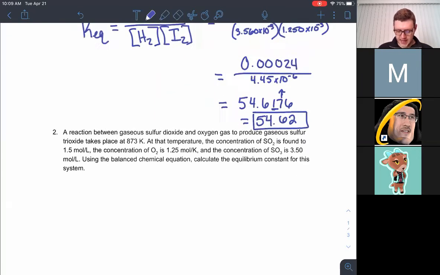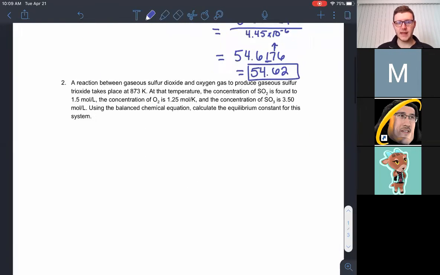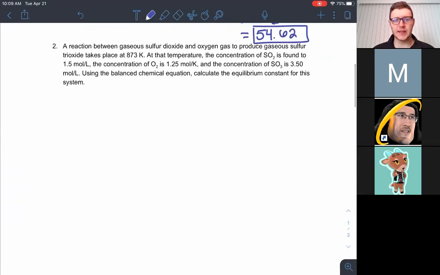Now, if we take a look at our second problem, it says a reaction between gaseous sulfur dioxide and oxygen gas to produce gaseous sulfur trioxide takes place at 873 Kelvin. At this temperature the concentration of sulfur dioxide is found to be 1.5 moles per liter.